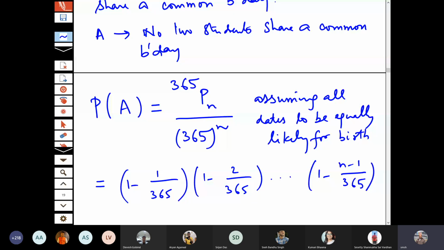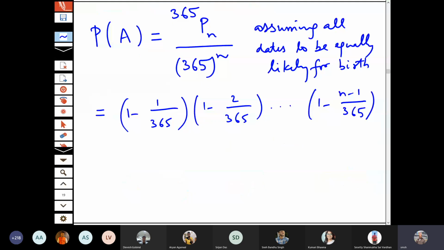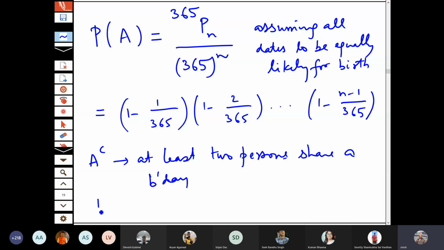From here we can also calculate A complement, that at least 2 persons share a birthday. Of course, the probability of A complement is 1 minus the probability of A. This formula is well known to you, because I think in your class 11, 12 problems you have solved this problem.